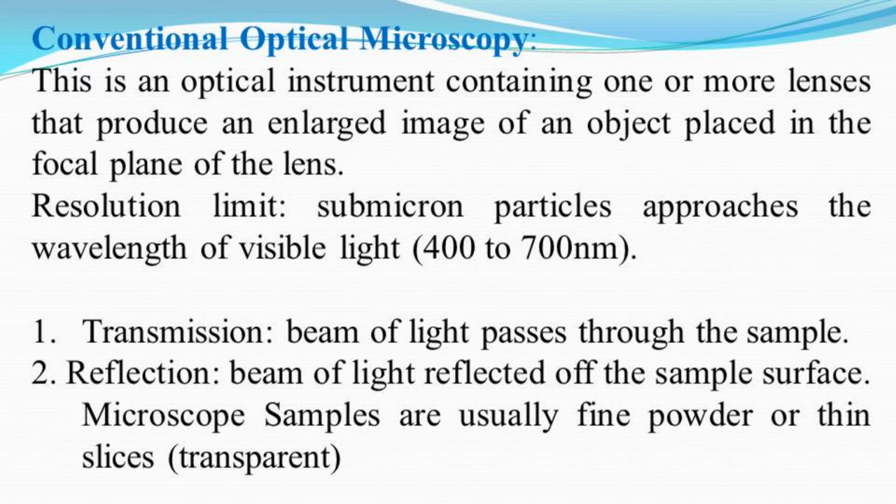The resolution limit for submicron particles approaches the wavelength of visible light, that is 400 to 700 nanometers. In transmission, a beam of light passes through the sample. In reflection, a beam of light is reflected off the sample surface. Microscope samples are usually fine powder or thin slices, that is, they are transparent.